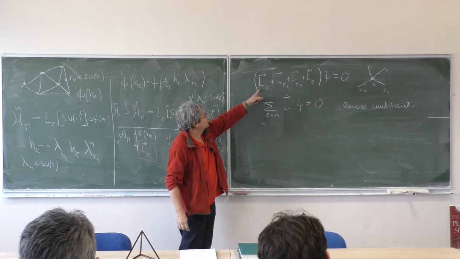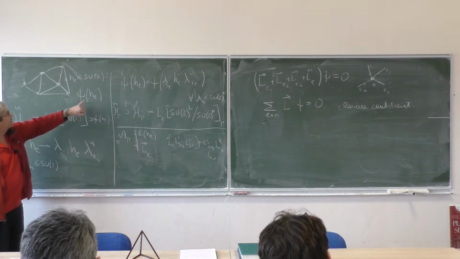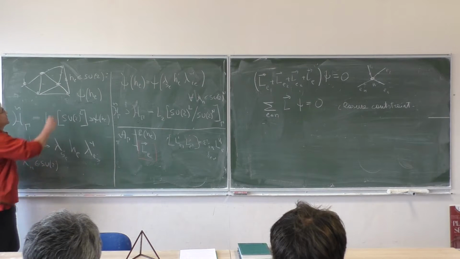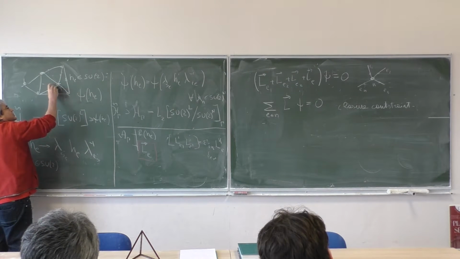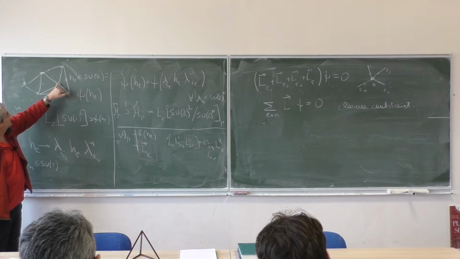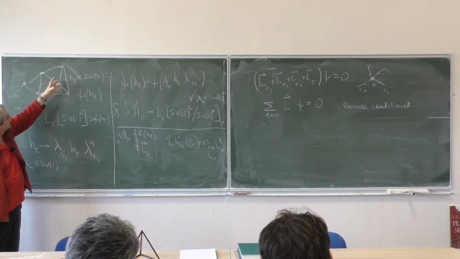What does this operator do? This operator acts on the HL. Let's suppose this is a node. So this operator acts on the HL here, on the left, and multiplies it infinitesimally.